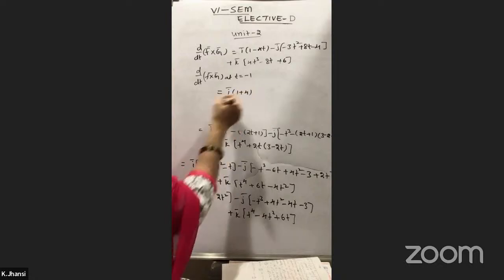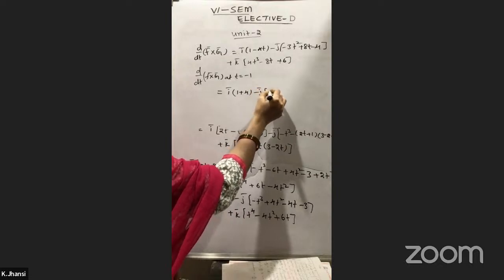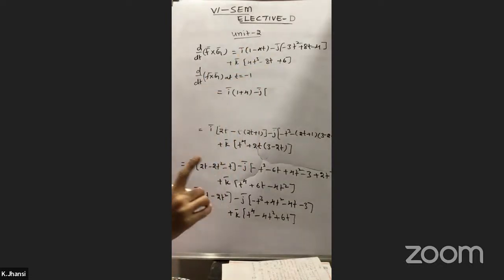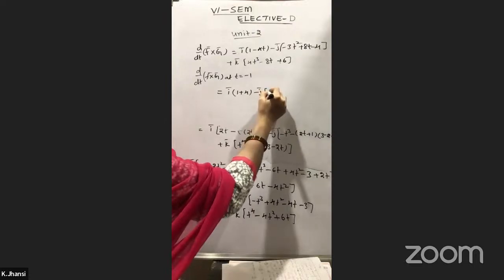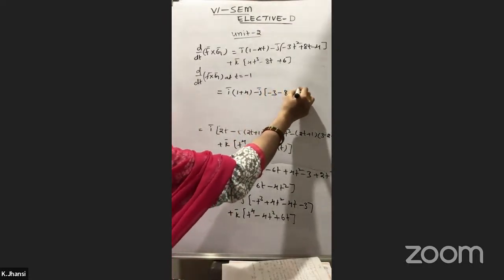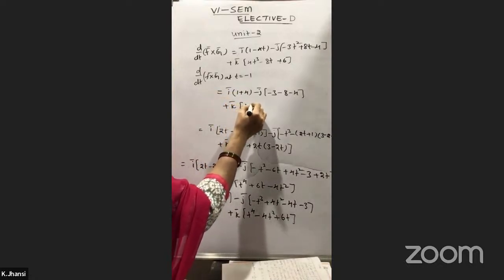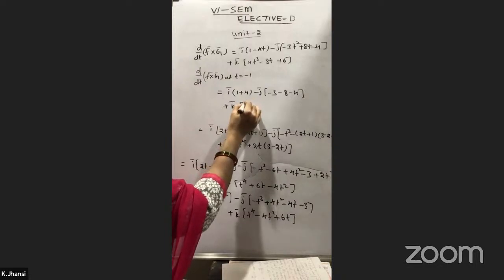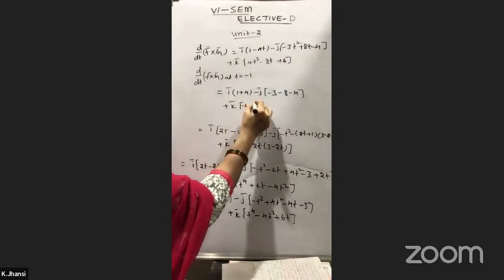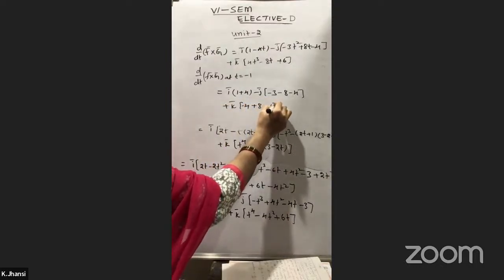So you will get it as plus 4, minus j into minus 1 whole square means plus 1, you will get minus 3, it is minus 8 minus 4, plus k into 4 into minus 1 whole cube means minus 4, minus of minus is plus 8 plus 6.